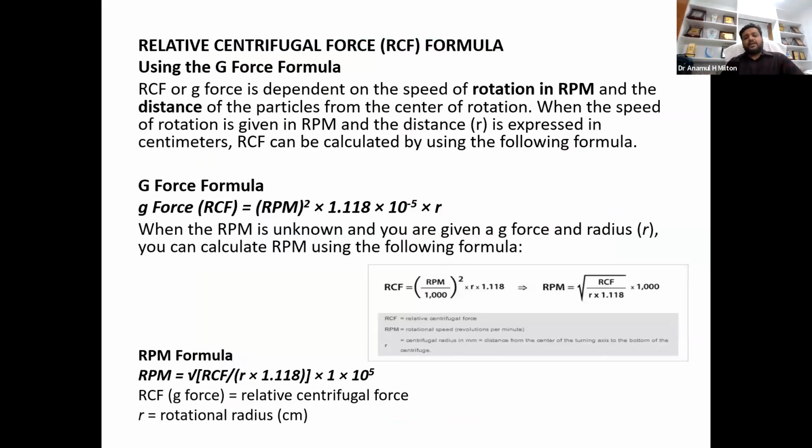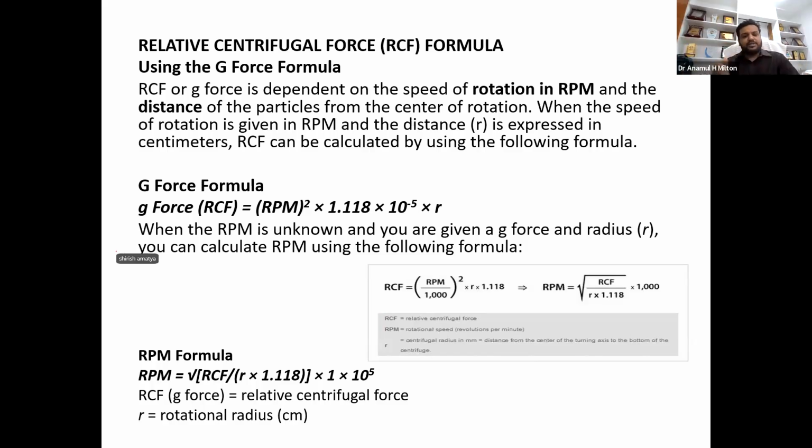If there is no pre-functional method, a very important part is the G-force. The G-force formula is the relative centrifugal force. A very important part is the rotational distance, from the midline at the center, that is the rotational radius, how much the length is.